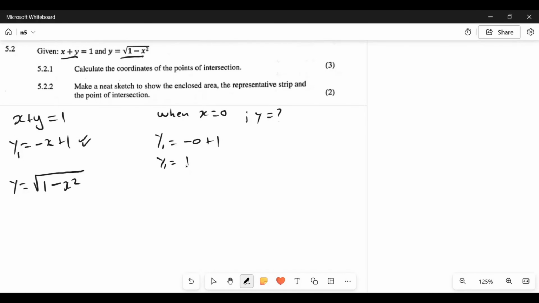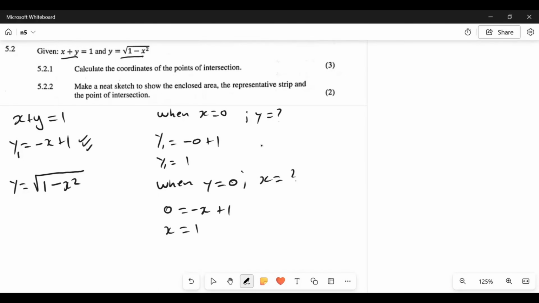Now we can say when y is 0, what is x? Again, we are going to use the very same formula. Remember, we are looking for the points where we are able to draw our graph. Wherever there is y, we substitute with 0, and then we have minus x plus 1. Then we transpose this x to the other side. Our x is going to be positive, and our x is going to be 1.